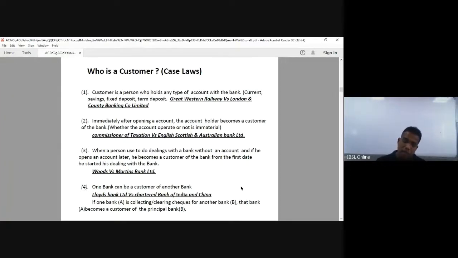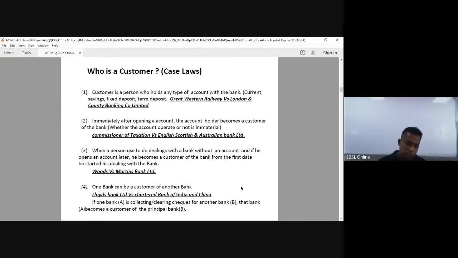However, because he is not there, you open the account, allocate the number, and deposit the money, but the approval has not yet been given by the supervisor or the superior officer. Is that person an account holder, has he become a customer of the bank? When it comes to law, your internal procedure is different, but when you allocate a number, that means the account is open. The person has become a customer of the bank. Therefore, the banker-customer relationship has started.